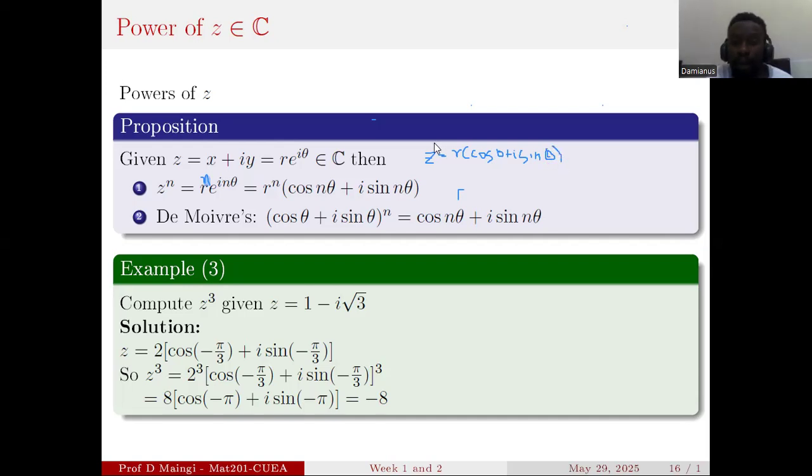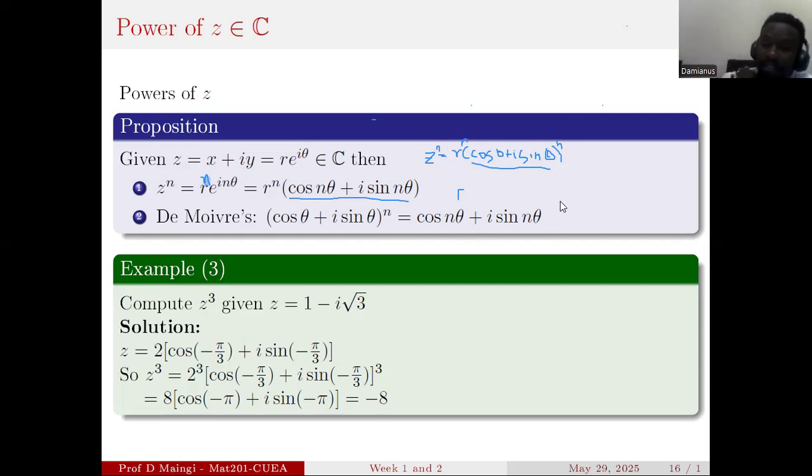If we raise this to power n, this is also raised to power n, and this is raised to power n. So this part corresponds to this part. Meaning (cos θ + i sin θ)^n is the same as cos nθ + i sin nθ. That makes our life pretty easy.